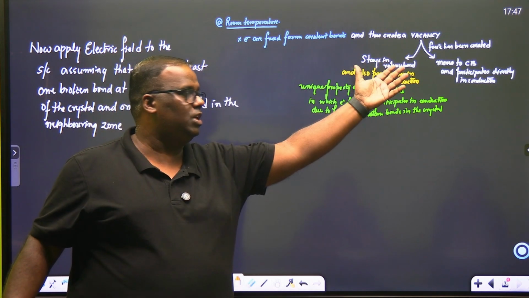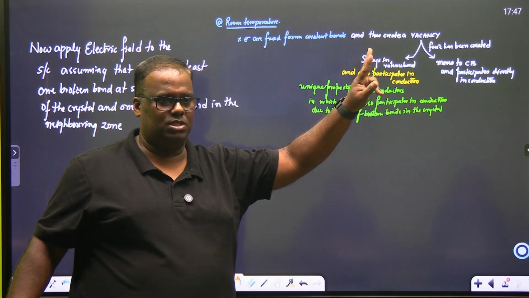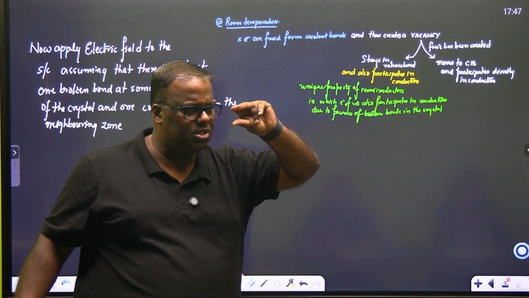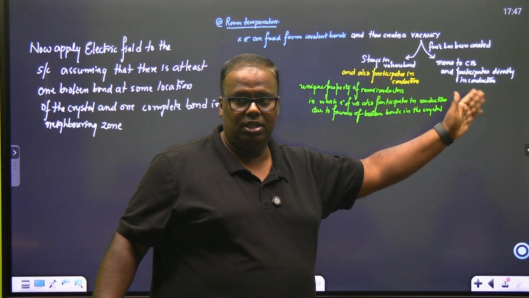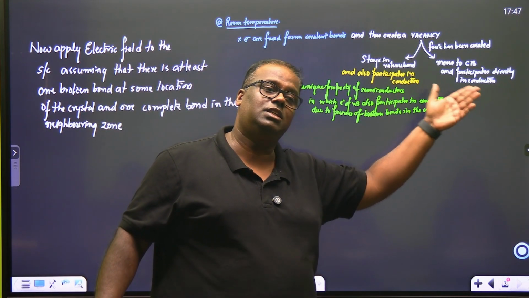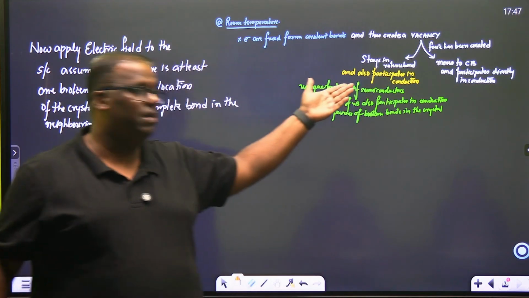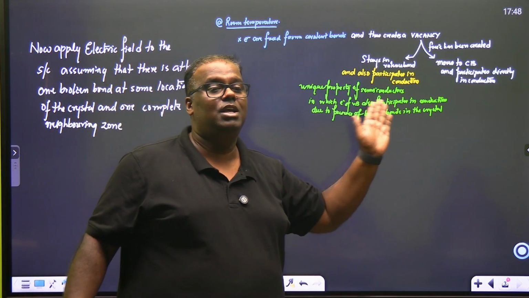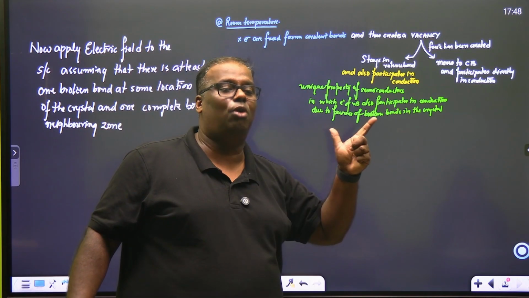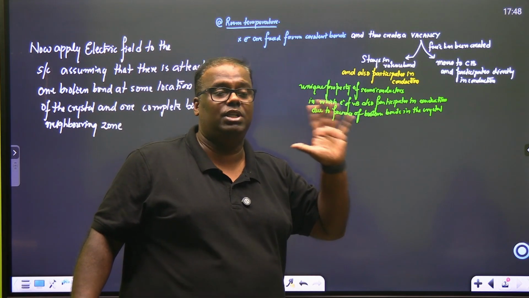Now, once the electron has got freed, it has two choices. Because in a semiconductor, the energy gap is less than 3 electron volt, it can either get excited and go to the conduction band, in which case it starts conducting directly, or it can stay back in the valence band. If it stays back in the valence band, it does not go and form a bond. It is free. It has energy.